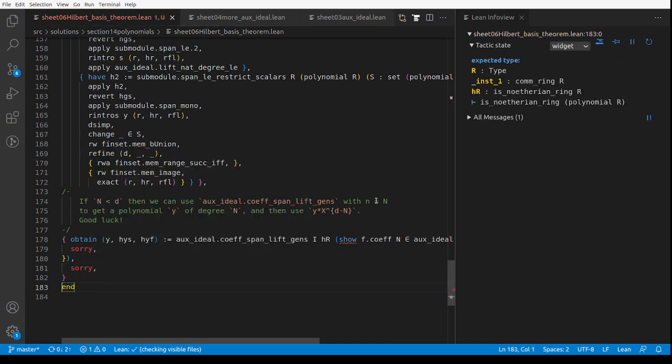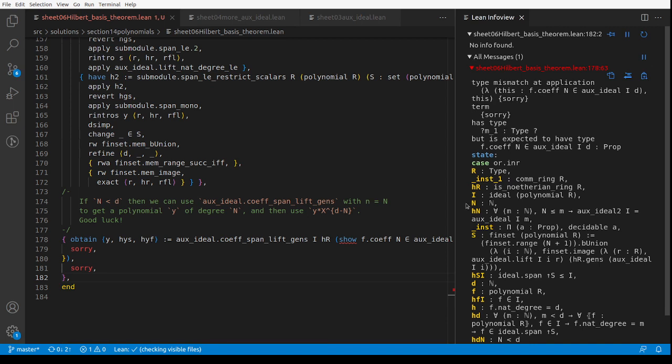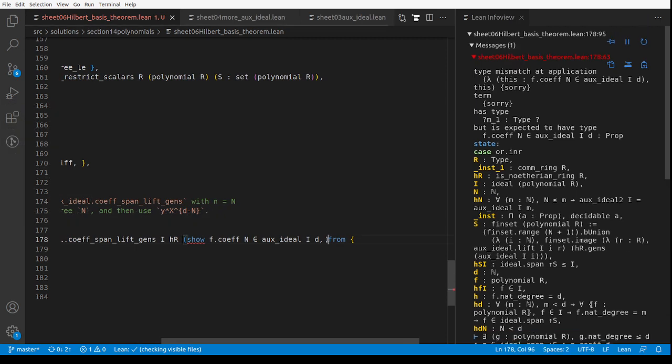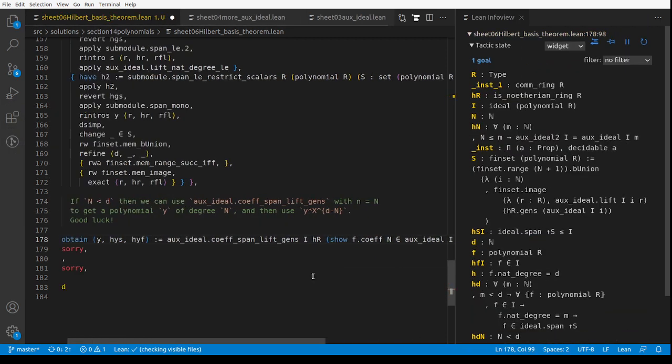Is that good? Oh, I've got an error. What's my error? Type mismatch application. Oh, come on. By. Oh, this should be a by. Wonderful. Now I've got no errors.